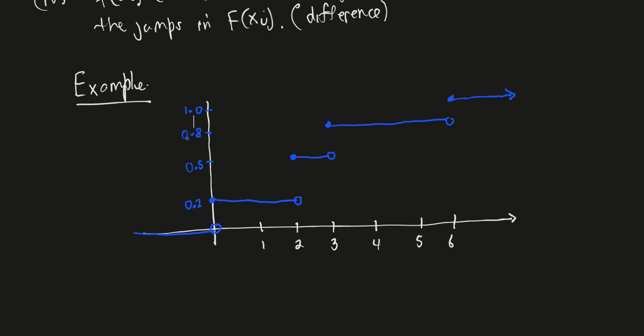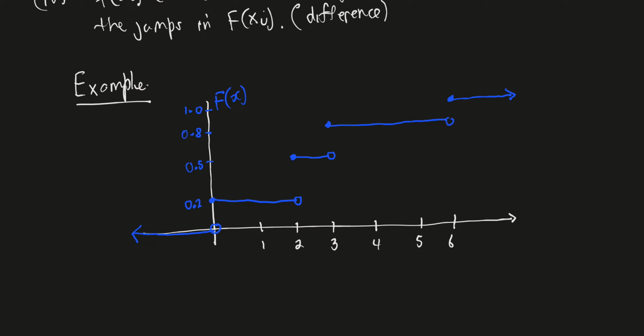So this is a completely legitimate CDF. Just by looking at the graph, we can see that it hits every one of our properties, right? And let's use the fourth property now to determine what little f is, right? So the graph here is big F of x, right? So the first thing that you would want to identify are the possible x values for this random variable, right?